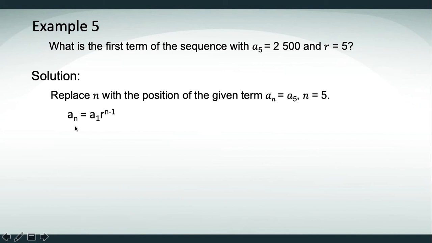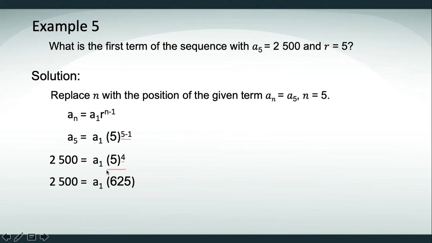Then let's substitute these given values to our formula. a sub n is a sub 5, r is 5, and n is 5 also. Now, since we know the value of a sub 5, we will use its value, 2,500. And 5 minus 1 is 4. Then let's solve 5 to the power of 4, which is 625.